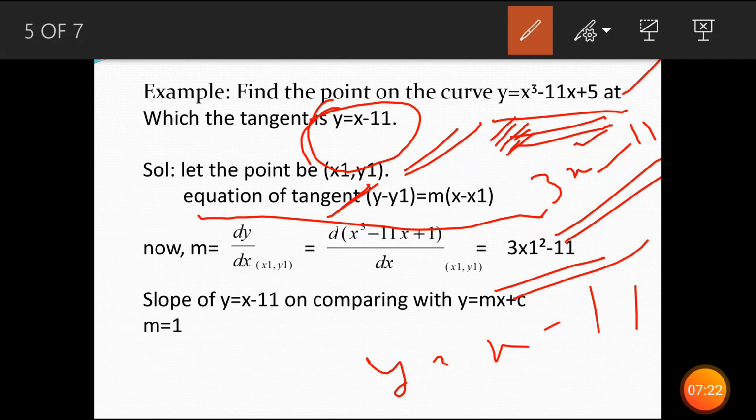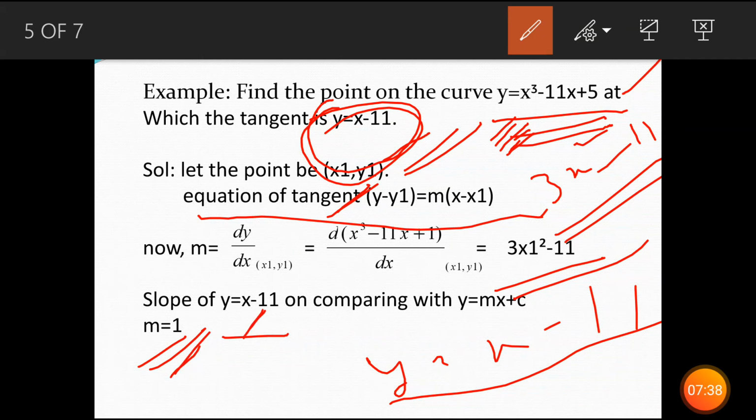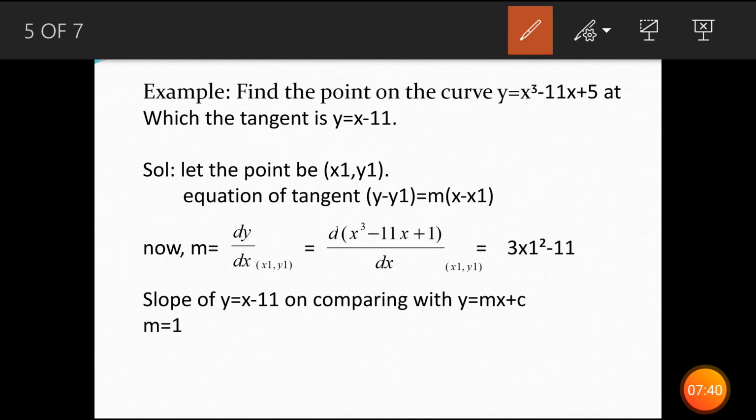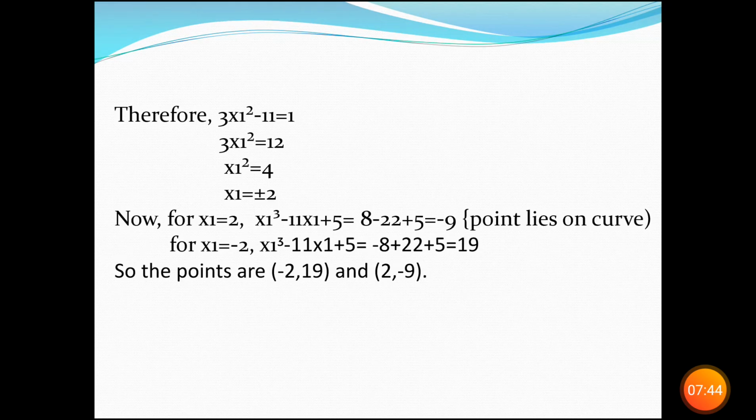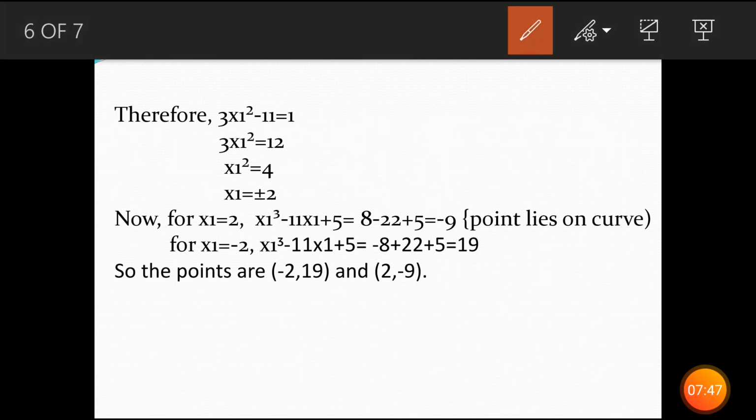Now they have already given the tangent to you, that is y equals to x minus 11, so the slope will be the same. The form of the equation is y equals to mx plus c. So if you compare here, the value of m will be 1. So here you can see that this equals to 1.